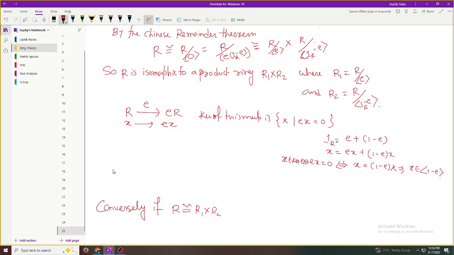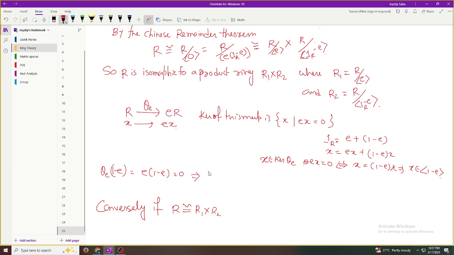see, where does 1 minus E go? I write the map as theta E, to avoid confusion. x belongs to the kernel of theta E. Now theta E of 1 minus E, what is this? E times 1 minus E, that is 0.